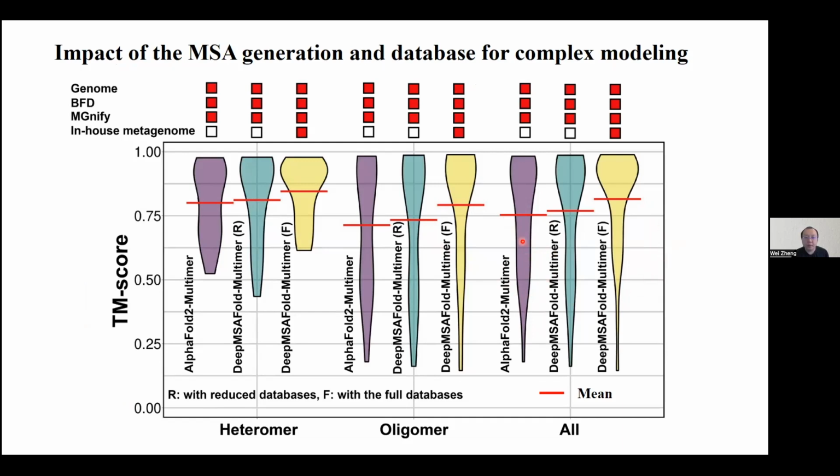One is the MSA generating, ranking, and pairing system, as mentioned by Peter. The other is that we use a huge in-house metagenome database to construct the MSA. Thus, it's important to check whether those two things work for the CASP15 targets.